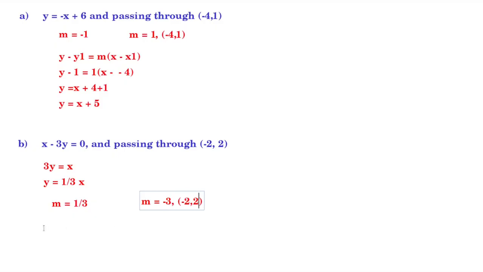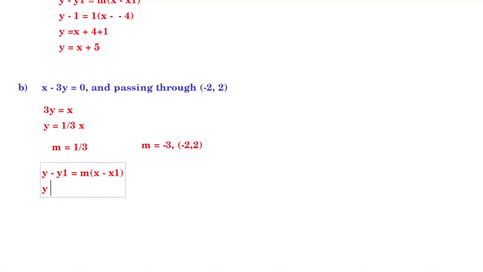Let's find the equation. y minus y1 is equal to m into x minus x1. Now let's substitute here. y minus 2 is equal to the gradient negative 3 into x minus negative 2. Now let's simplify here.